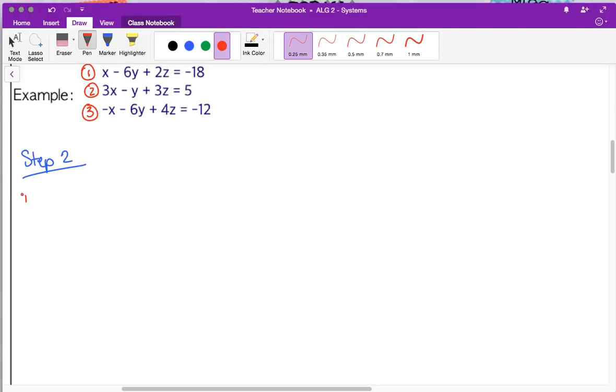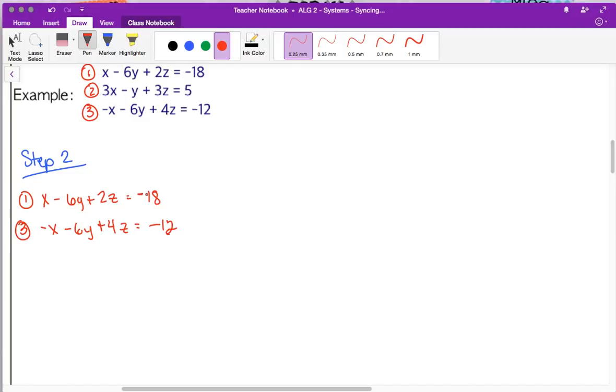So I'm going to start with equation 1 and 3. Equation 1 is x minus 6y plus 2z is equal to negative 18. And equation 3 is negative x minus 6y plus 4z is equal to negative 12.